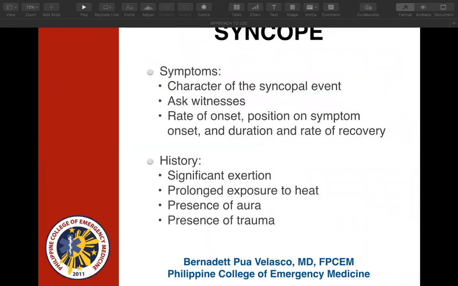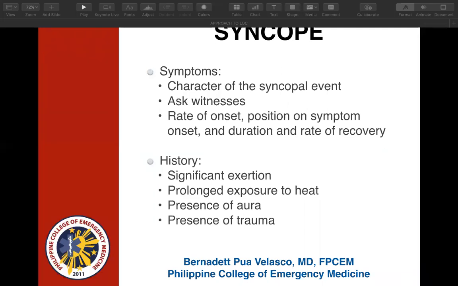Symptoms can often suggest the diagnosis, although the relative weight of the history diminishes in older patients and those not able to remember clearly the events leading up to the loss of consciousness. That is why most of the time we admit elderly patients presenting at the ED with syncopal attack. The patient is asked to describe the character of the syncopal event. We need to ask for the rate of onset, position at symptom onset, and duration and rate of recovery.